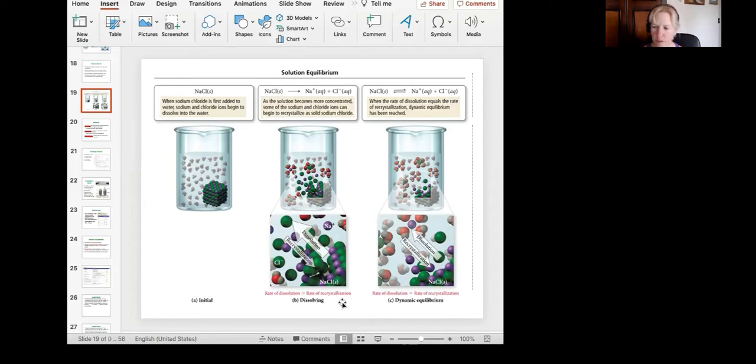At that point I've reached saturation. I've also reached a point called solution equilibrium, or dynamic equilibrium. And it's called dynamic because you're continually having ions dissociate into the water and then reassociate into a solid. And those rates are going to be equal to each other at dynamic equilibrium.